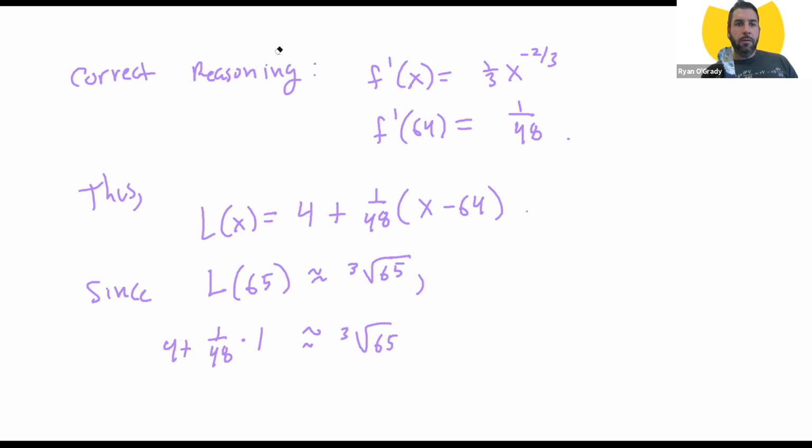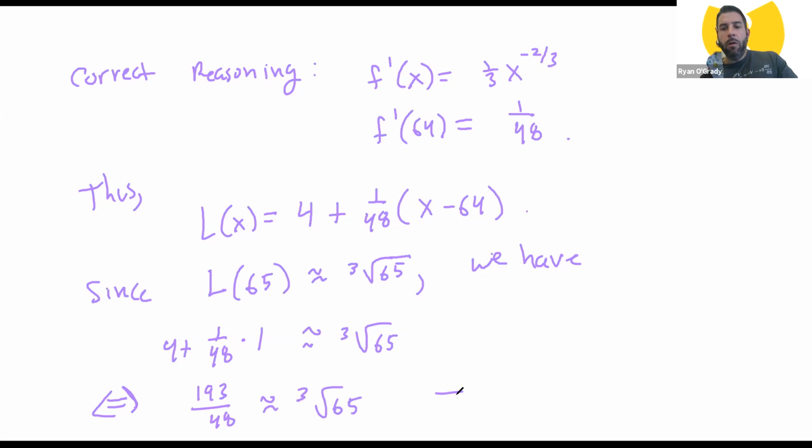So since this is the case, what do we have? This is equivalent to 193 over 48, which is equivalent, if you put it in decimal notation, 4.02083.